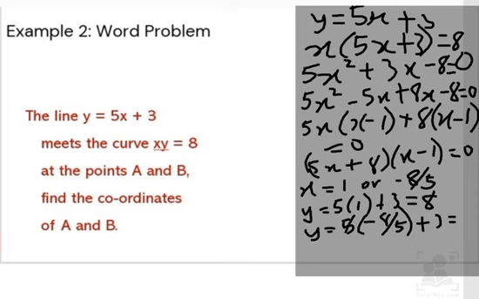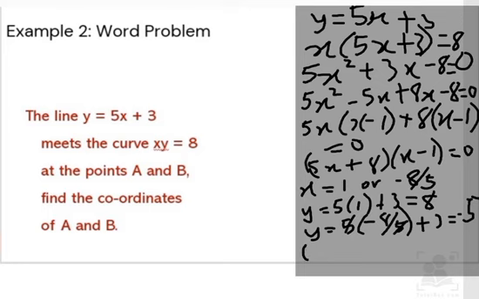The 5 will cancel the 5 here, so I have minus 8 left plus 3, which gives me minus 5. So it says that when x equals 1, y will be equal to 8, and when x equals minus 8 over 5, y will be equal to minus 5.